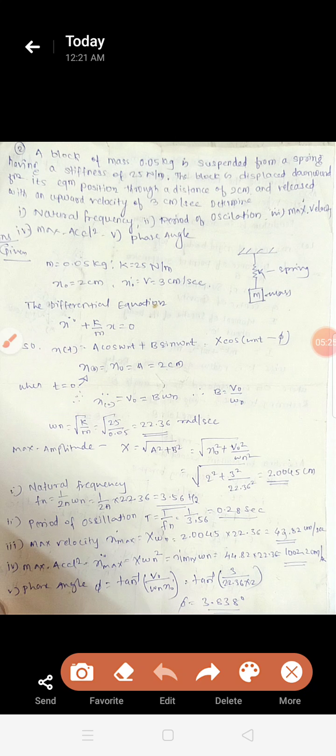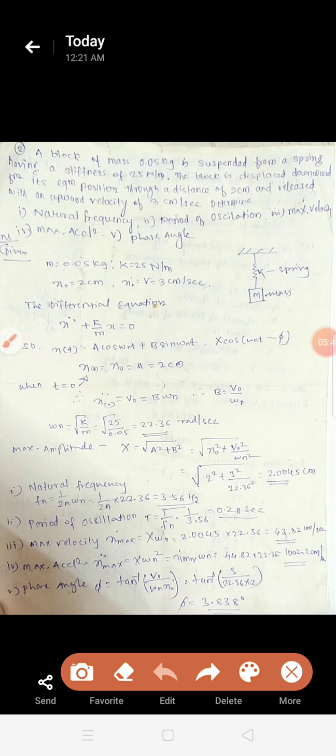Now we differentiate to get the value of v naught, which is already given. We need to calculate the value of B. x dot at 0 is v naught, equal to B into omega n, so B is equal to v naught by omega n.